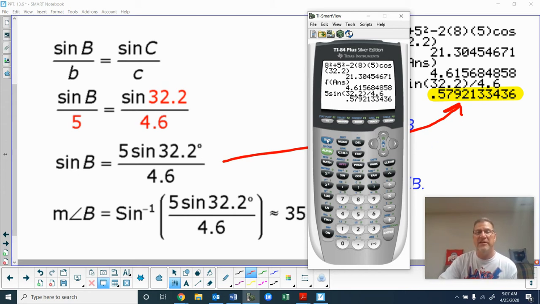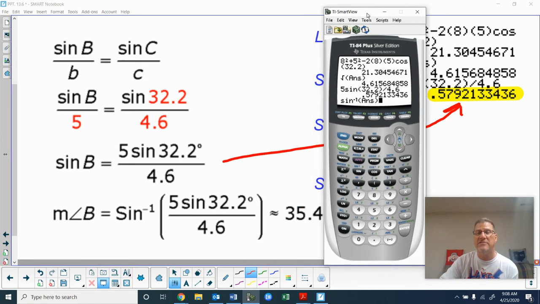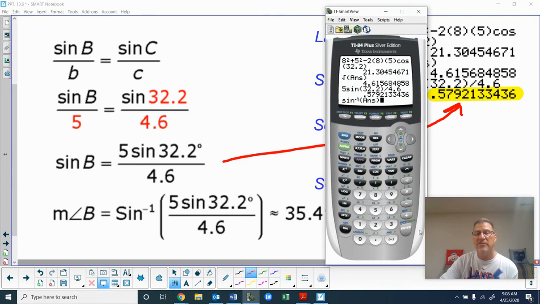All we do is hit second sine and then second answer. Answer is that negative sign again, and it'll pop in the decimal we just got. Now, when I hit enter, I'll get 35.4 degrees. There's 35.39, and if we round it, it's 35.4.